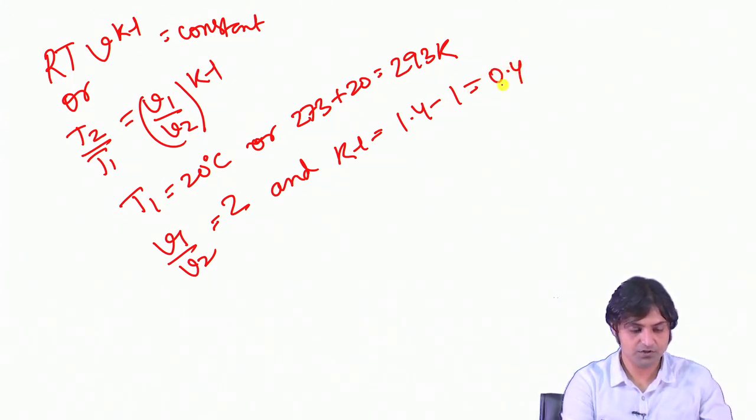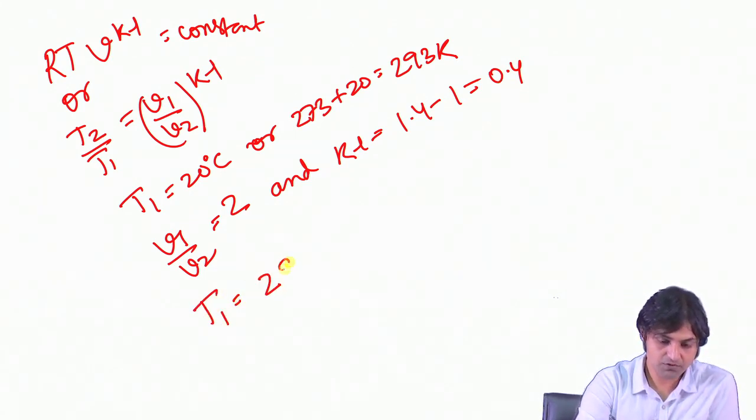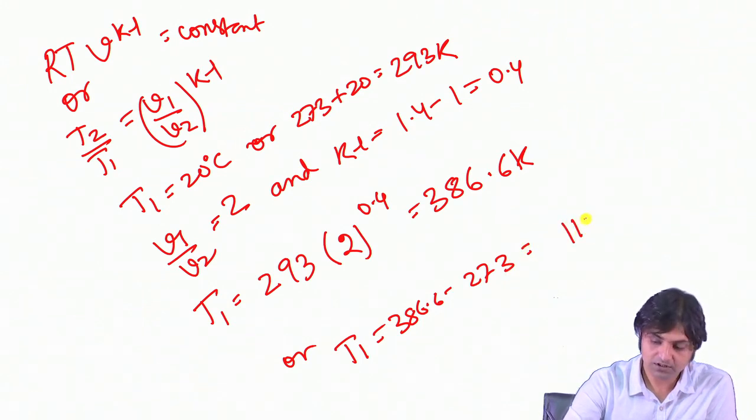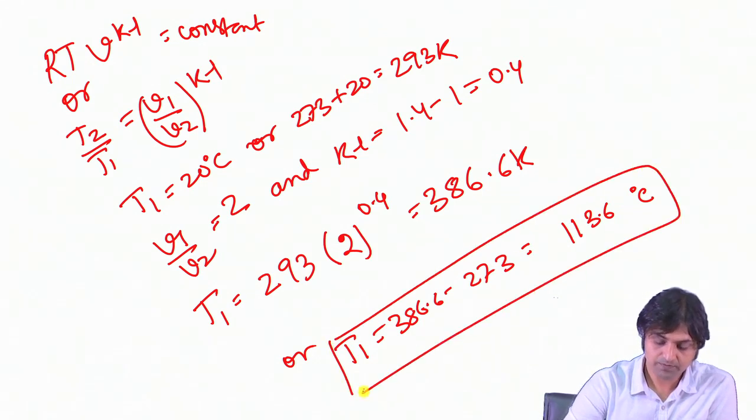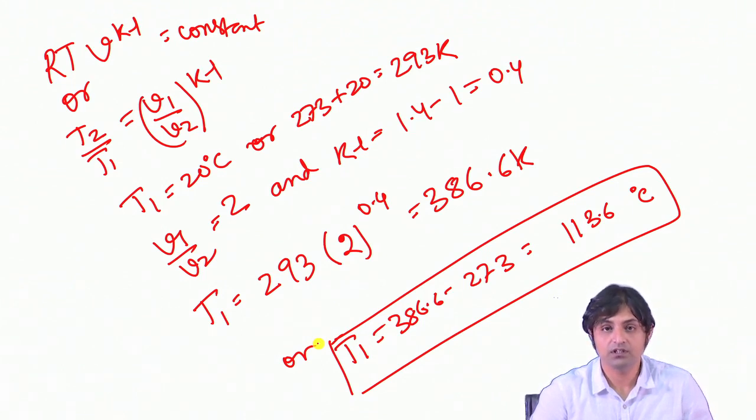So on substituting these values we can get T2 is equal to 293 into 2 to the power 0.4 or 386.6 Kelvin, or 386.6 minus 273, that is 113.6 degrees Celsius. So this is the temperature that we have got in case of isentropic process.